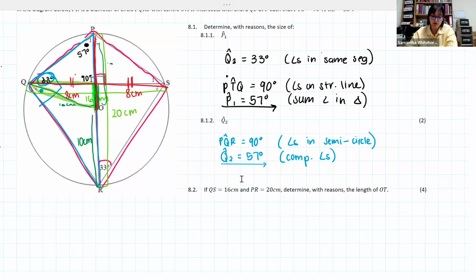Right, when you do get to answer, you shouldn't be getting any surds or anything. It's a nice whole number. So if you get a weird looking answer, just double check yourself.